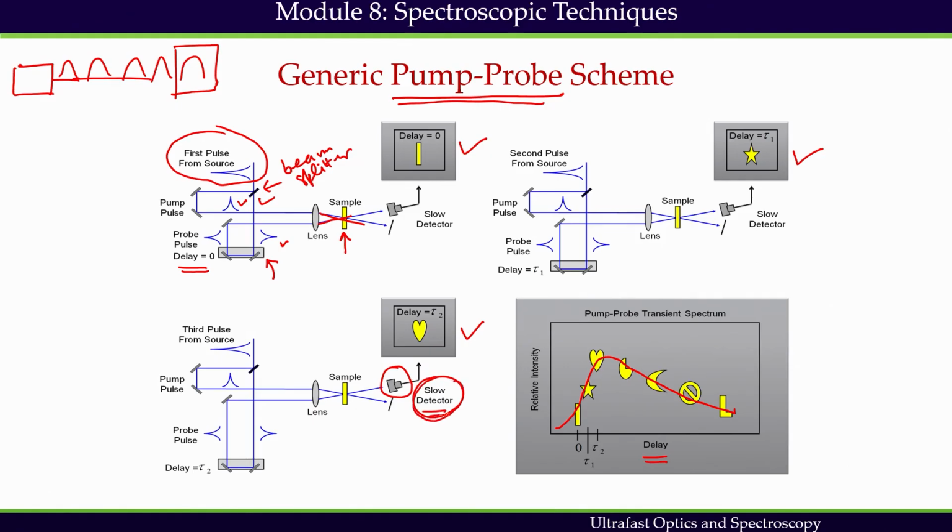So, a slow detector will always find out the time integrated yield, minus infinity to plus infinity, and even if we wait for this long time, it does not matter, because at a particular delay we have to collect the total signal, then we change the delay.